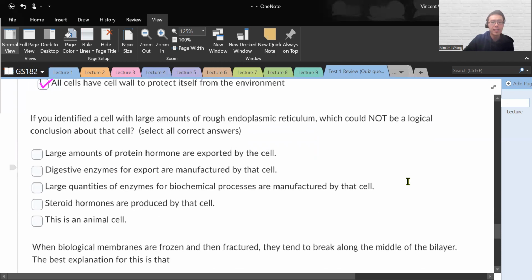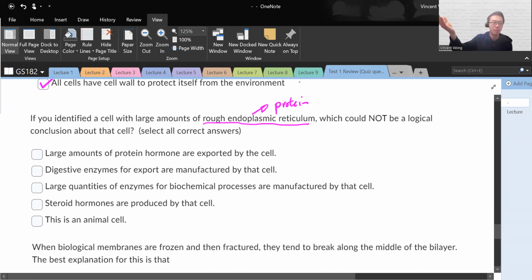If you identify a cell with a large amount of rough endoplasmic reticulum, which could not be a logical conclusion about the cell? Before I read any of the options, I should remind myself what the rough ER does. Rough ER makes protein, right? And it's part of the endomembrane system.